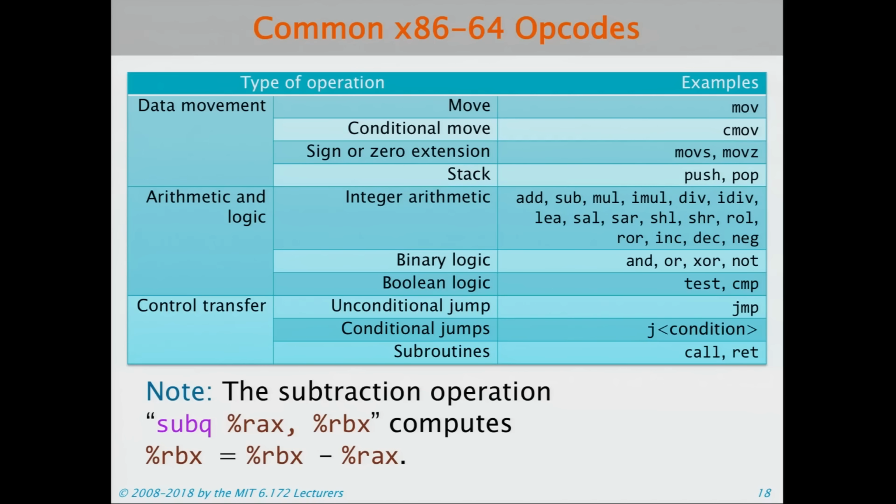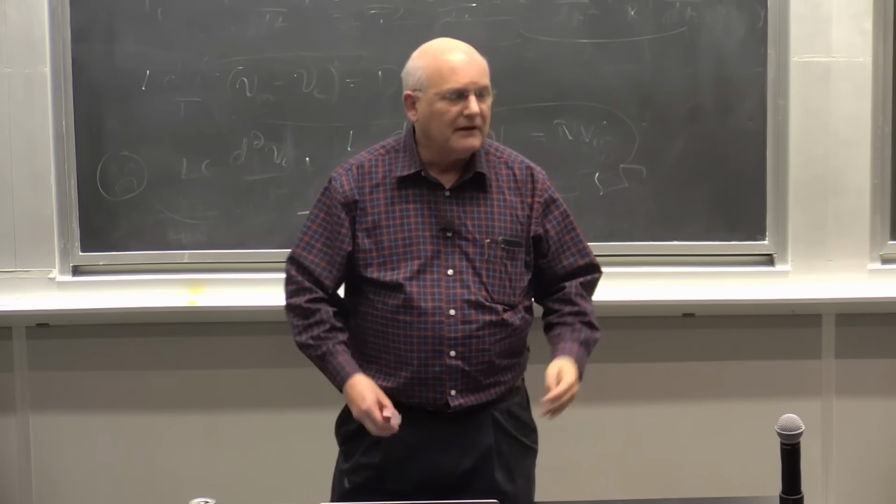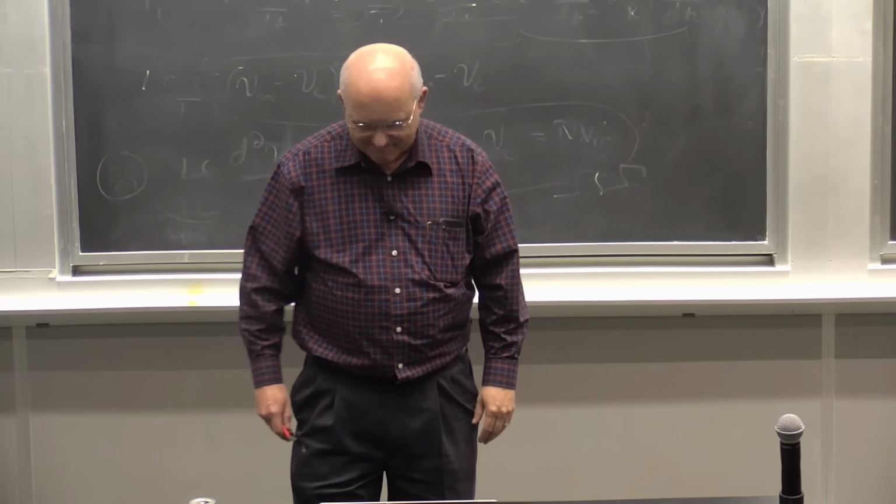And then there is Boolean logic, like testing to see whether some value has a given value, or comparing. There's unconditional jump, which is jump. And there are conditional jumps, which is jump with a condition. And then there are things like subroutines. And there are a bunch more which the manual will have and which will undoubtedly show up. Like, for example, there's the whole set of vector operations we'll talk about a little bit later.